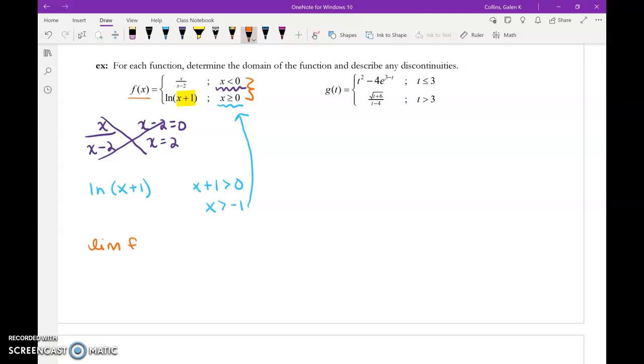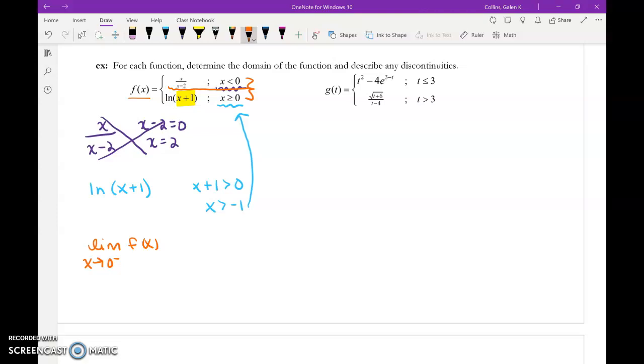To do that, I'm going to write the limit of f of x. The boundary is where we switch pieces. This piecewise only has a boundary at x equals 0. So I want to come up on the left-hand side, and when I am approaching x equals 0 from the left, I'm using the top piece of the piecewise function because that is for values of x that are less than 0.